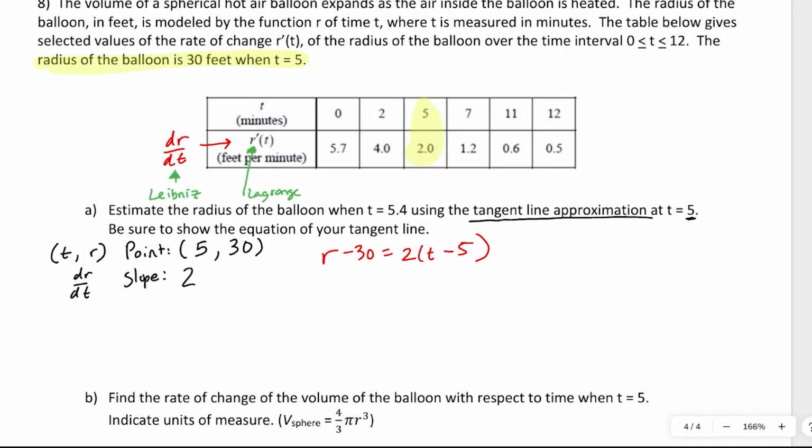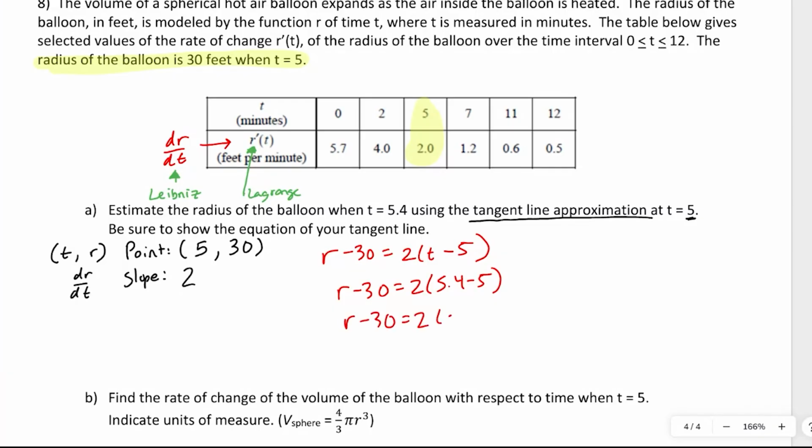It says estimate the radius of the balloon when the time is 5.4. That's what we're going to put in for the time. So r minus 30 equals 2 times 5.4 minus 5. 5.4 minus 5 is just 0.4.